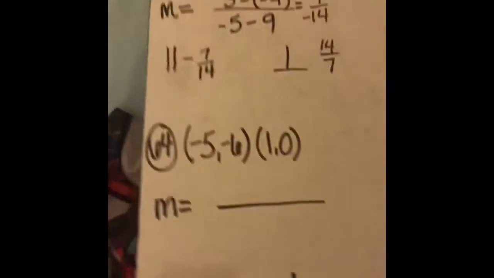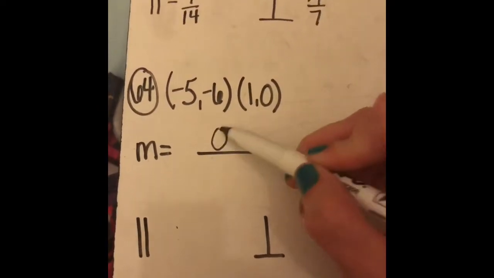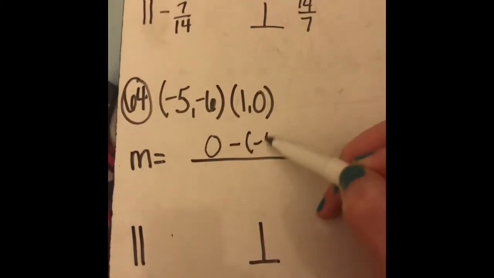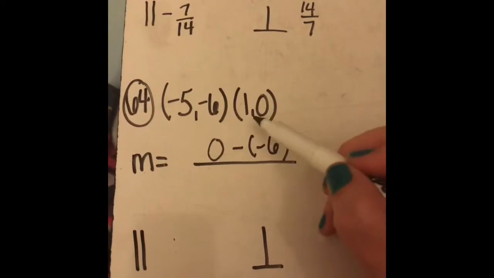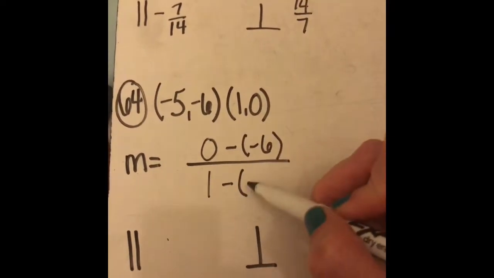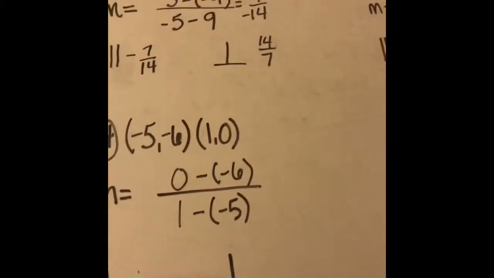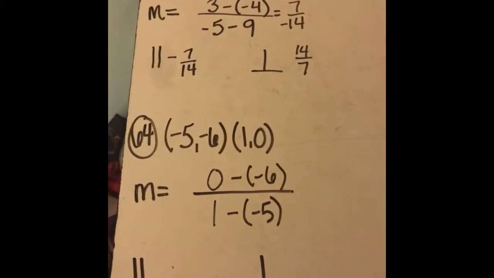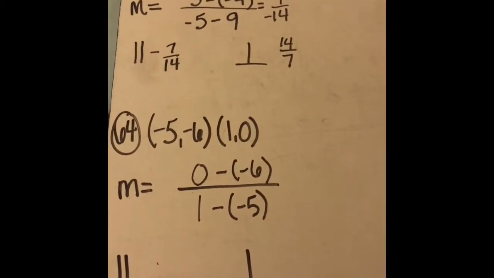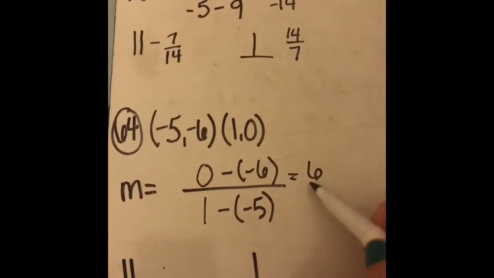Okay. Down here for 64, we have 0 minus negative 6, and then 1 minus negative 5. And so we have 0, so that's like saying 0 plus 6, so that would be 6.